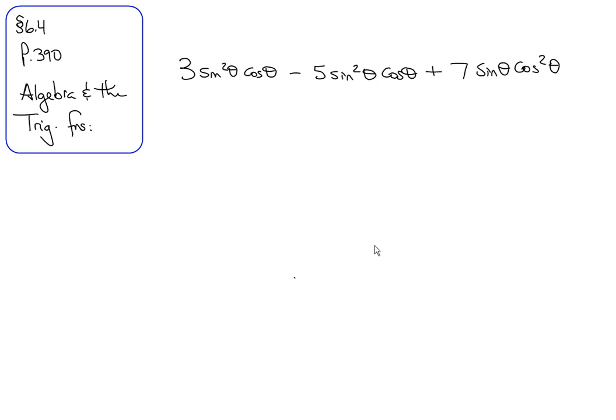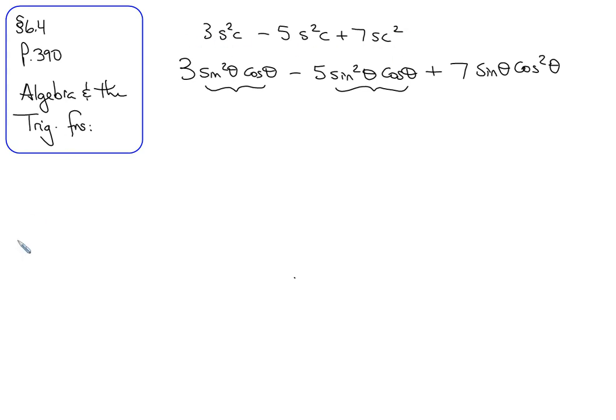Am I allowed to combine any of these terms? The first two, because the variable parts match along with the exponents. Okay, the variable parts, you think of sine theta as a variable and cosine of theta as another. So this is almost like 3 s squared c minus 5 s squared c plus 7 s c squared.